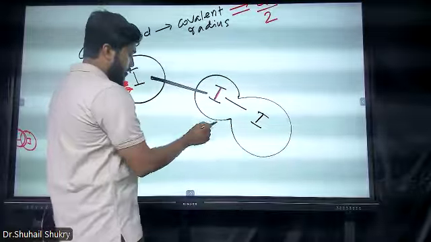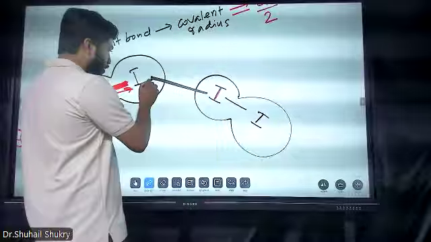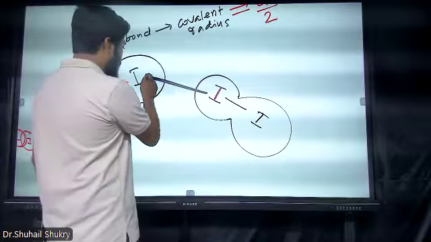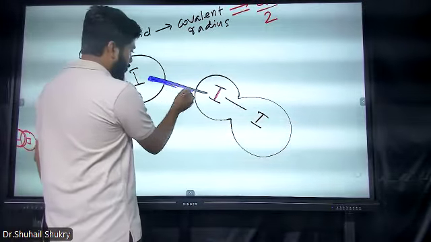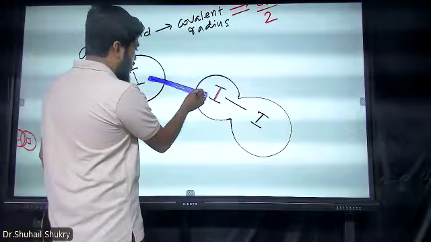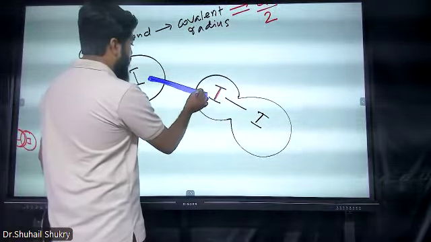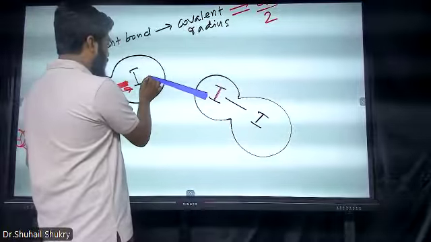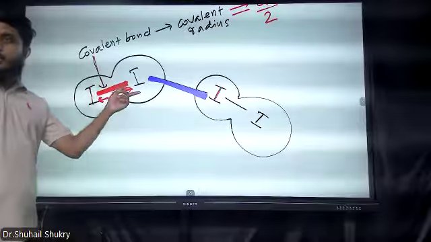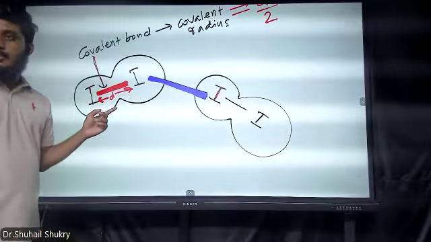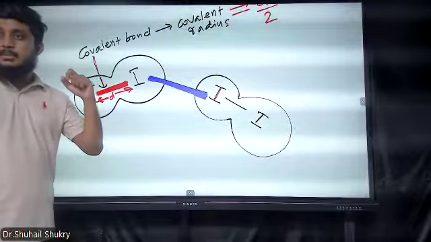The distance between covalently bonded atoms is the covalent radius, which is intramolecular. But this one is between molecules, inter.